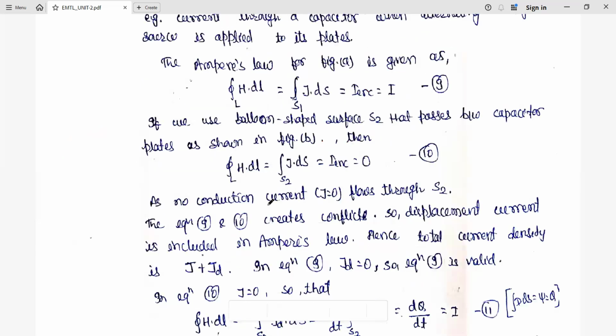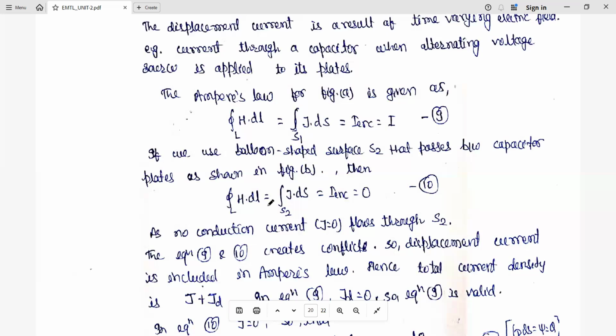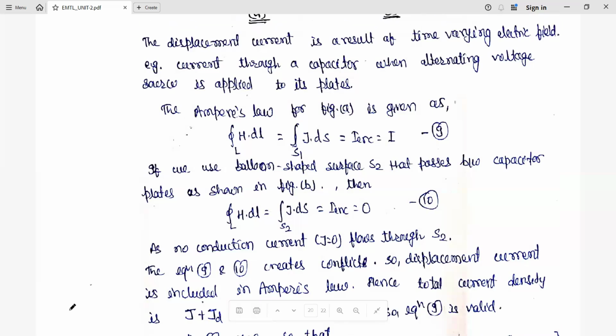In the first situation, displacement current is due to the time varying field, that we know from the starting onwards. And now we obtain the current through the capacitor when an alternating voltage source is applied to its plates.